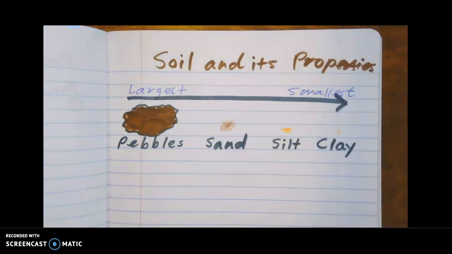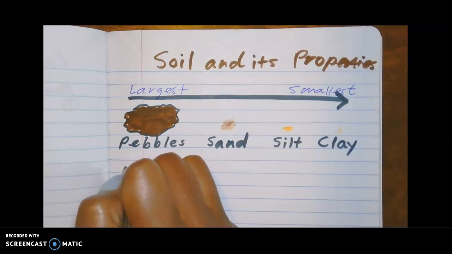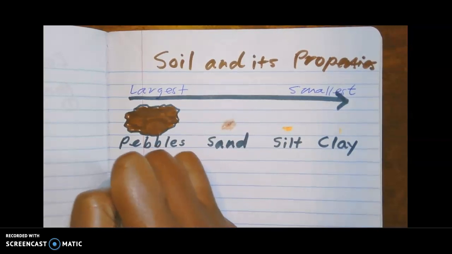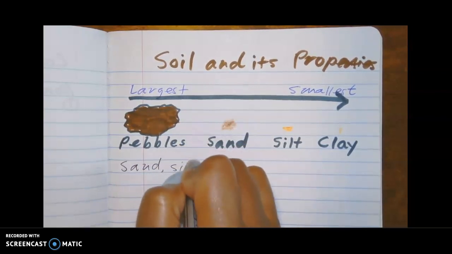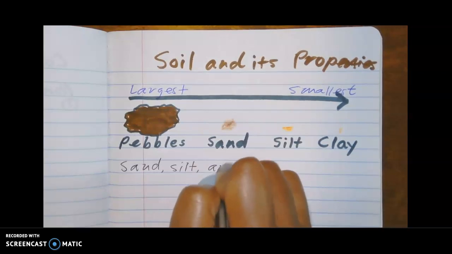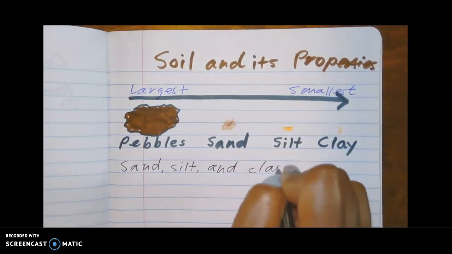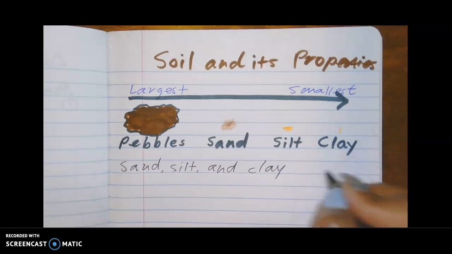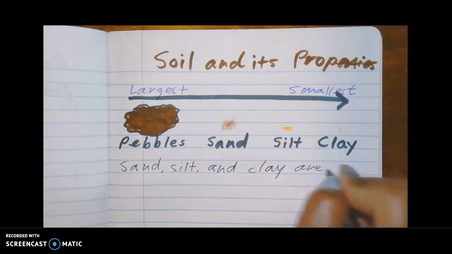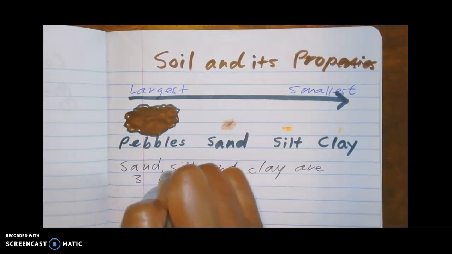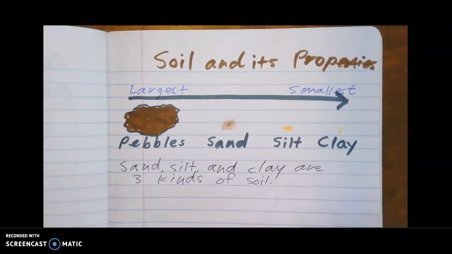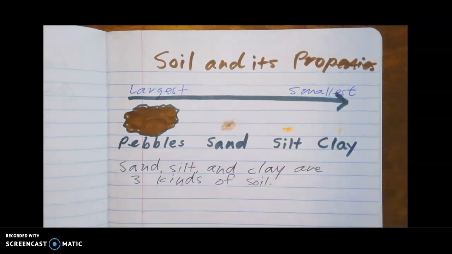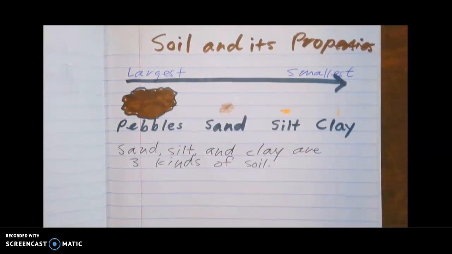Okay, now let's do our definitions for these, and then we'll be done with our notes on soil and its properties. Okay. Sand, silt, and clay are three kinds of soil. I'm going to move this up just a little bit.